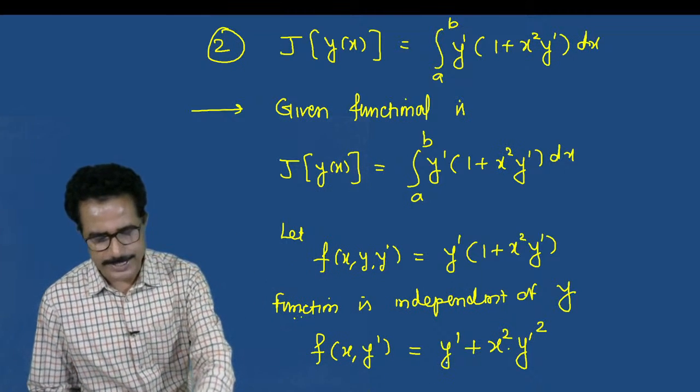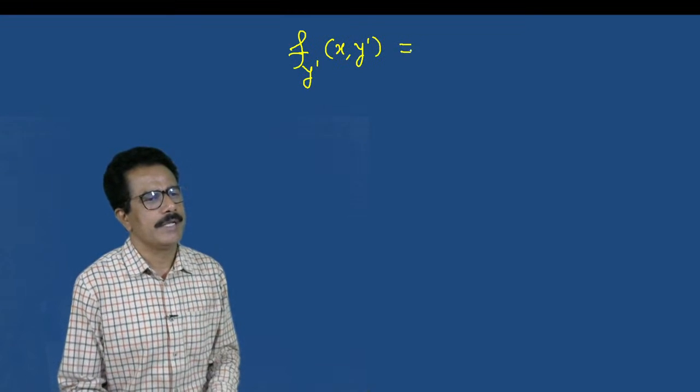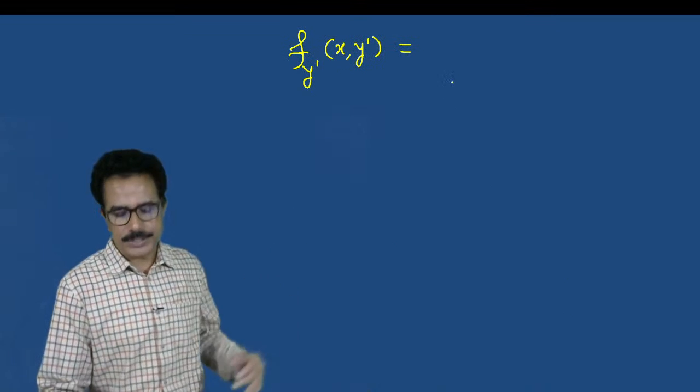Now we have to calculate f y dash of x comma y dash, the derivative with respect to y dash.